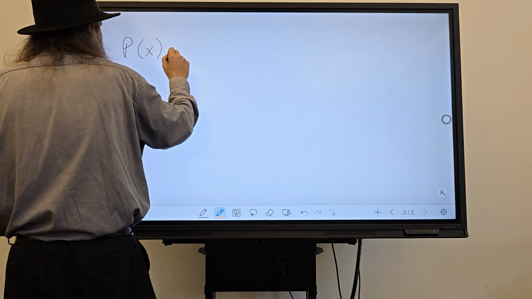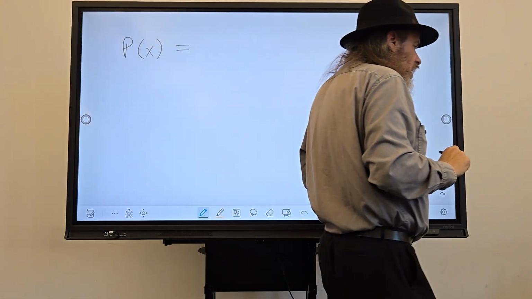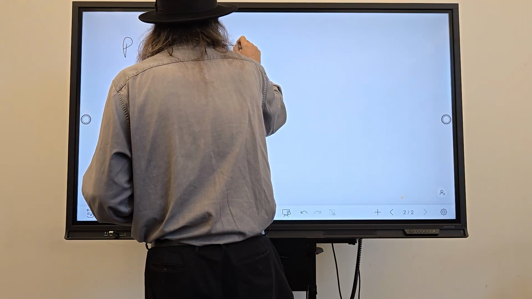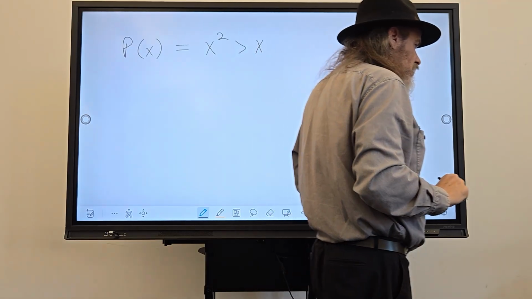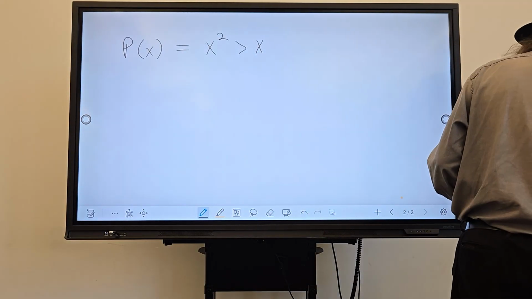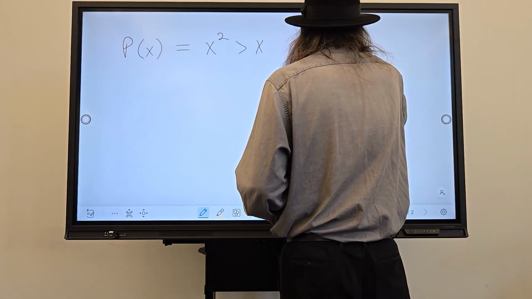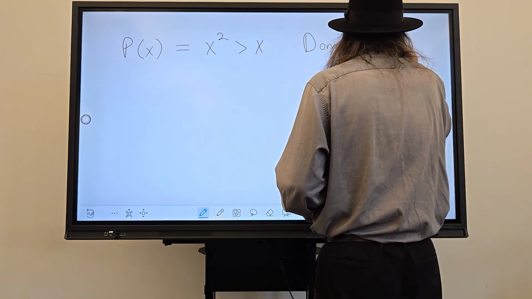P of X is equal to X squared is greater than X, with a domain of all real numbers.